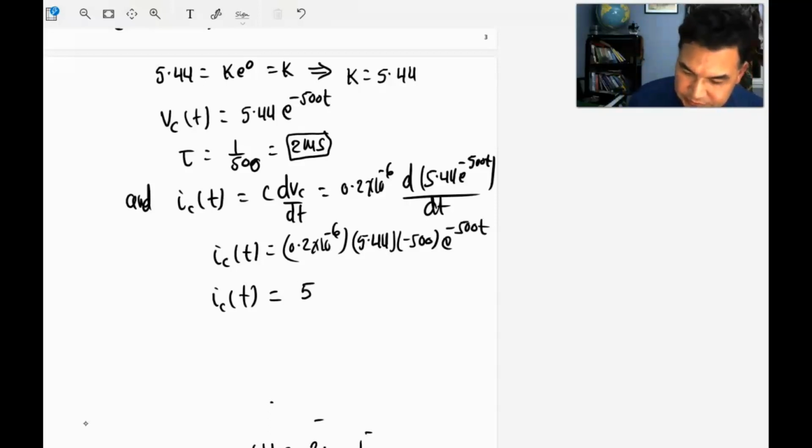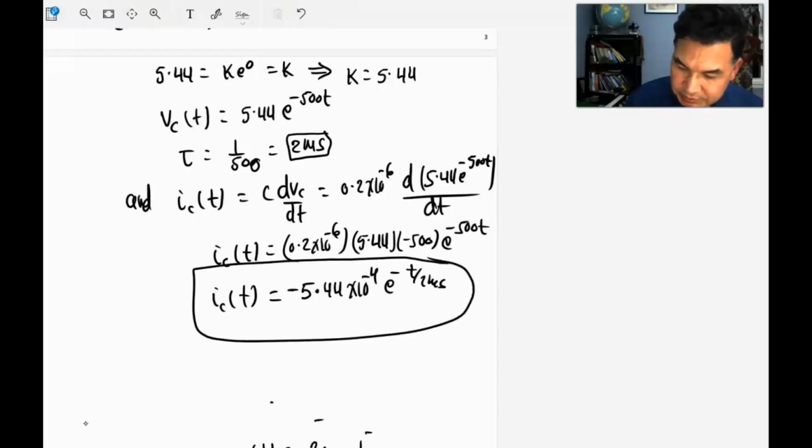Negative current simply means the direction of the current flips. This is with a 2 millisecond time constant. So the negative simply means the direction of the current changes as it discharges.